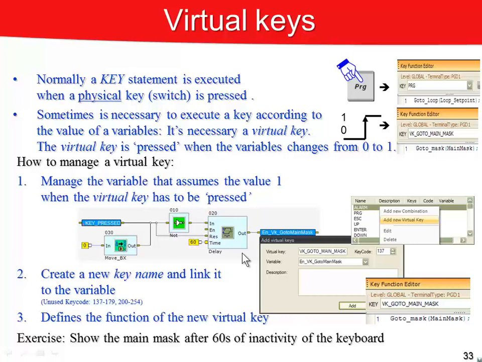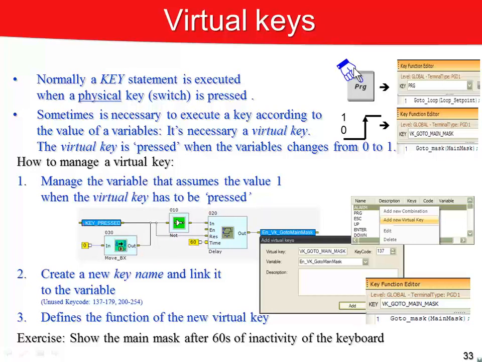Okay, how to do this? You know how to show a mask. There is the go-to loop or go-to mask statement. You know that the go-to mask or go-to loop can be executed when you press a key. But you know that in order to execute a key, PRG for example, you have to press a button.